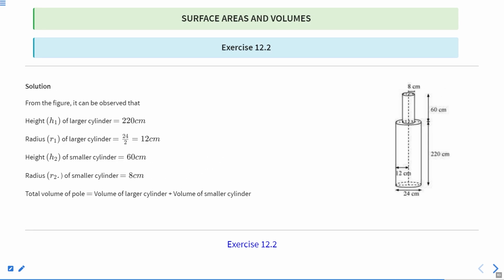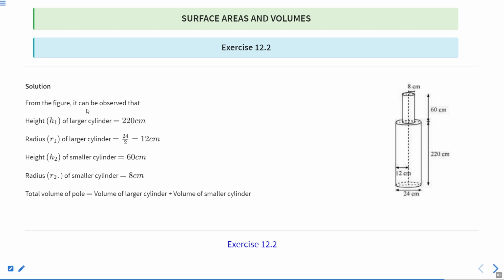So let us solve this problem. First of all, draw the figure. Here this is the figure. The diameter is 24 centimeter, so radius is 24/2, that is 12 centimeter, and total height is 220 centimeter.